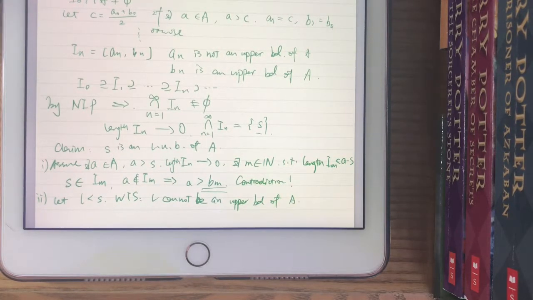We want to show S is the least, so we assume it's not the least. That is to say, there will be some element smaller than S. But if we can prove that such an element cannot be an upper bound of A, then we can conclude that S is actually a least upper bound. So I'll leave this part to you. It's quite simple. I think I've already done a similar job in the supremum and infimum video.